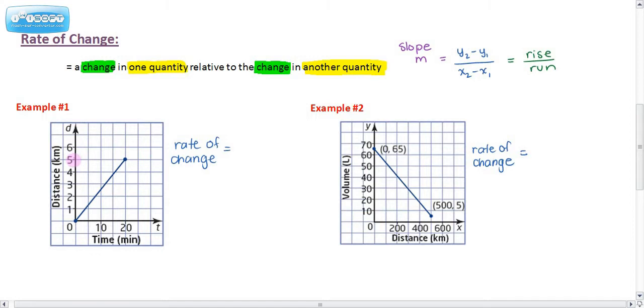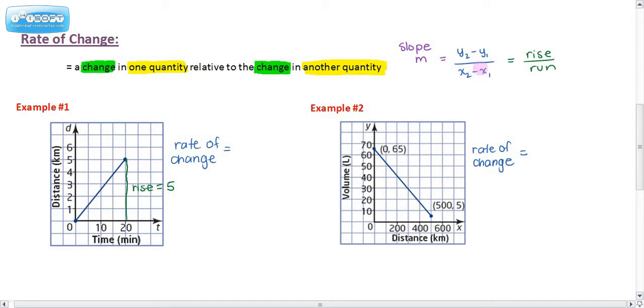So in our first example here, we have a distance and time graph. So our y value is distance. Our y2 is 5 and our y1 is 0. When I take the difference, I'm getting my rise of 5. So the difference in the variable distance is 5.